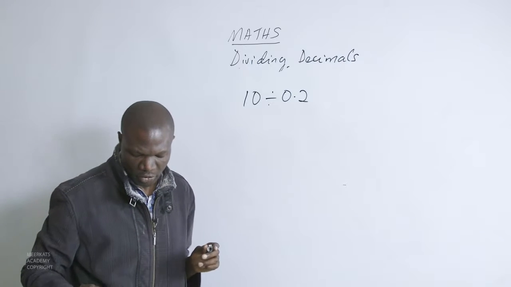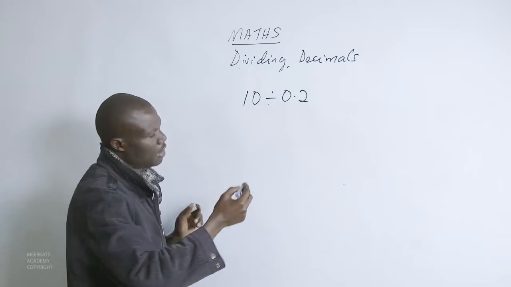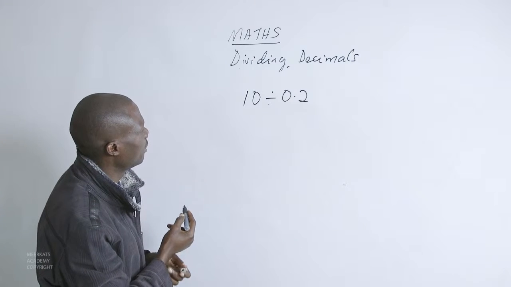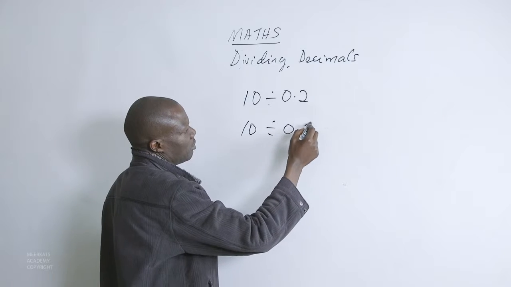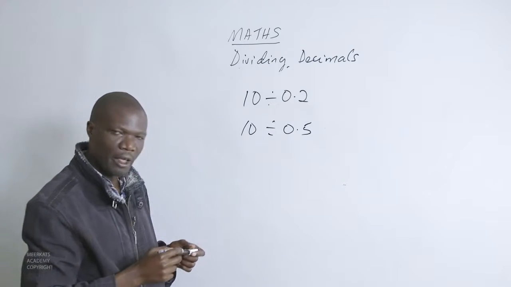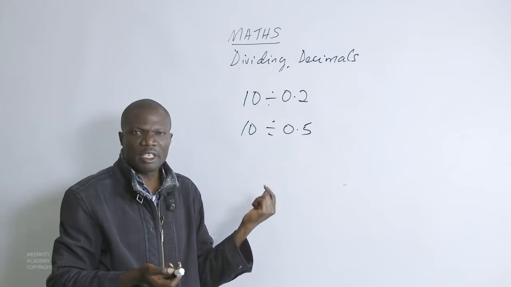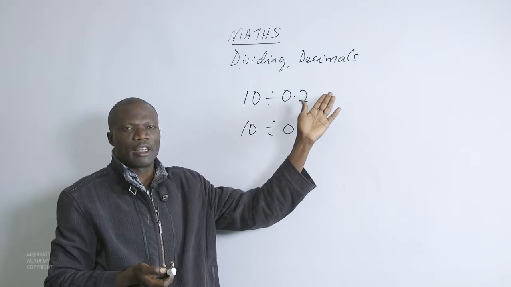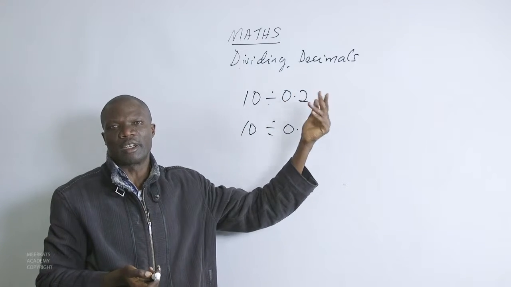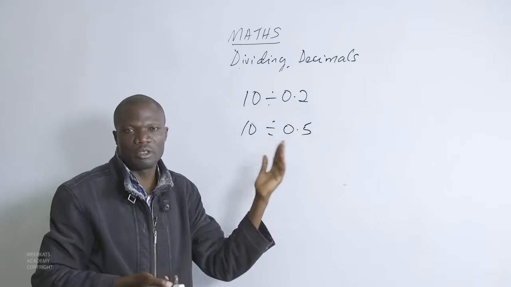Let us also look at a situation where we have 10 divided by 0.5. Before we look at this, you need to estimate. What do you think you may get? Do you think you'll get a quotient that is greater than 10 or less than 10 for both cases?